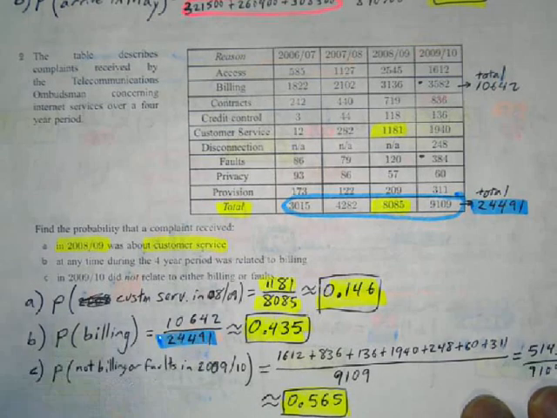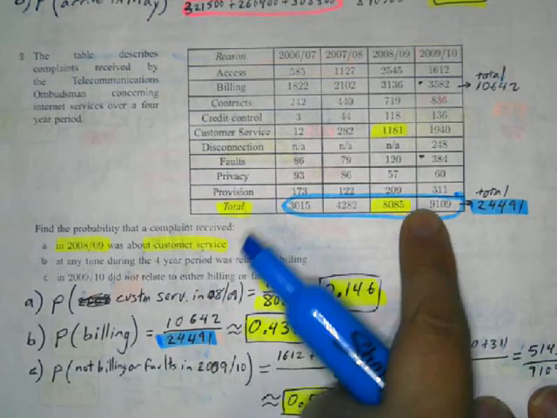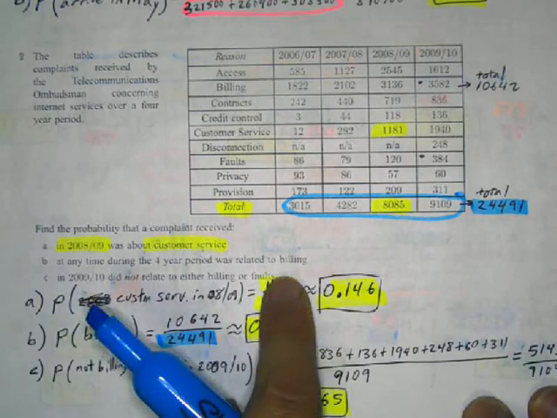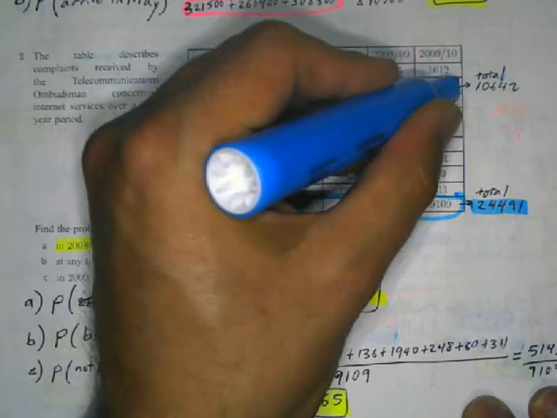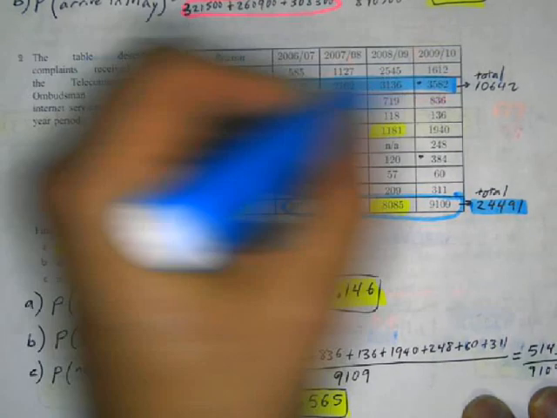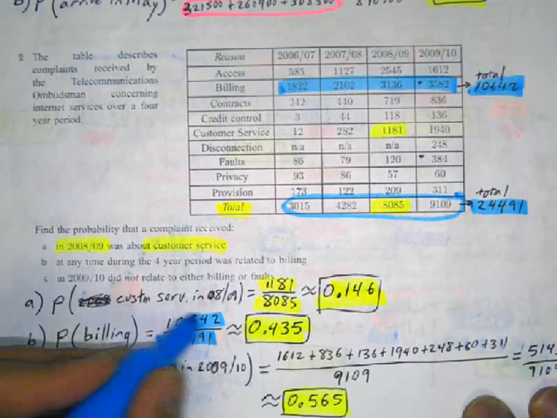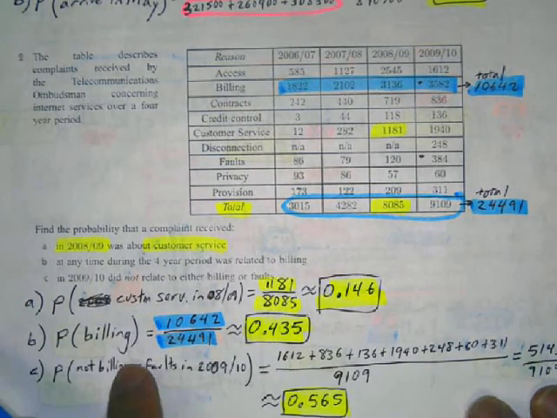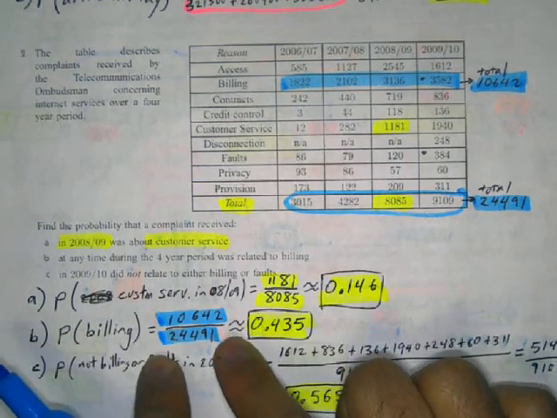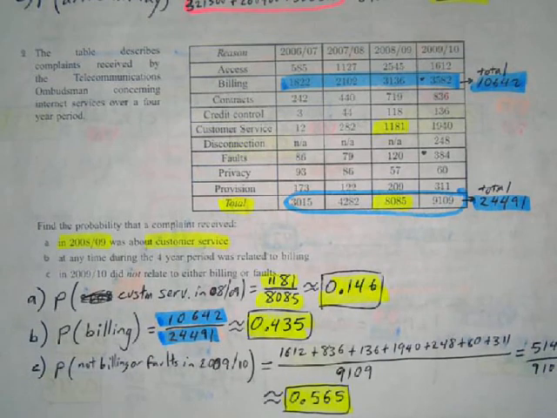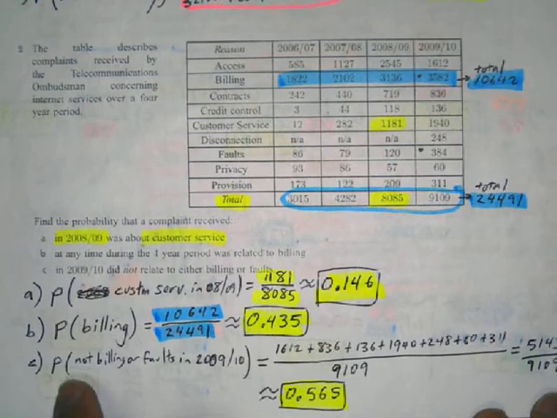And for the probability that it was related to billing, I'm going to take all of these values here, and that's going to be all of the people that had troubles with billing. And so the probability that it was related to billing using experimental data is going to give me this.